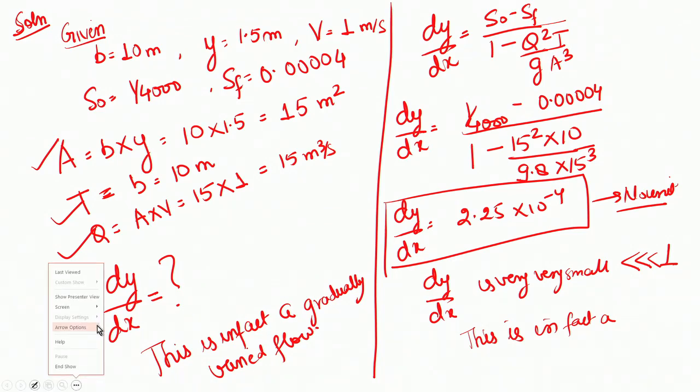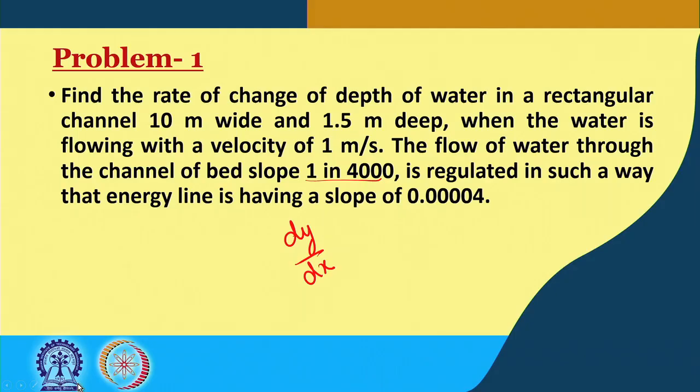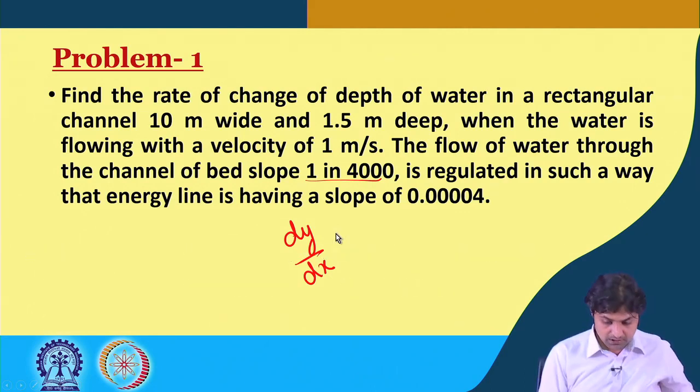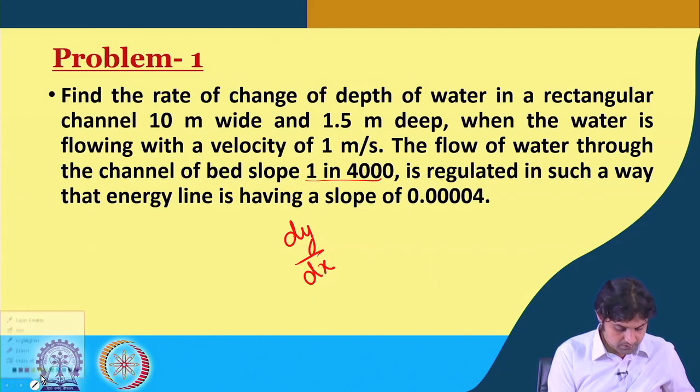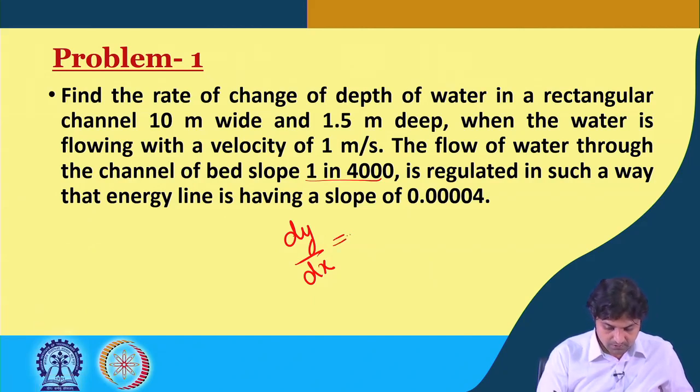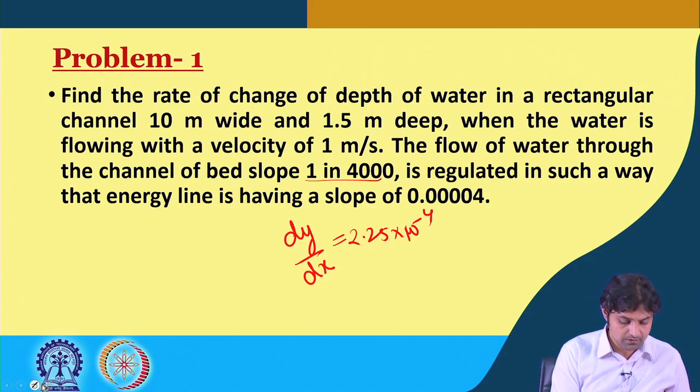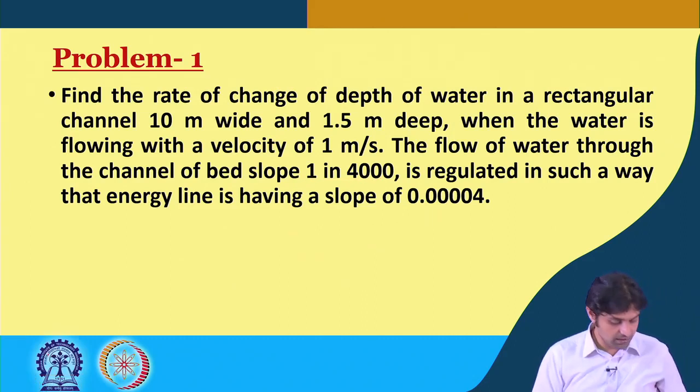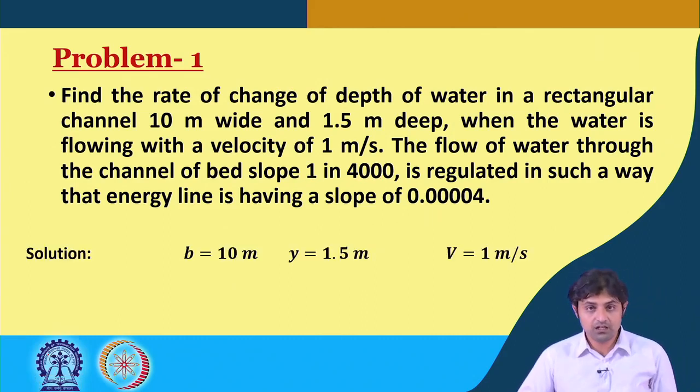So dy by dx came out to be 2.25 into 10 to the power minus 4. I will erase this, and I have included the solution here as well.